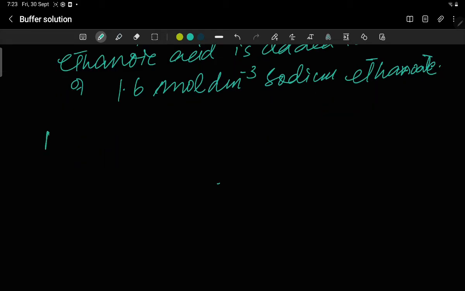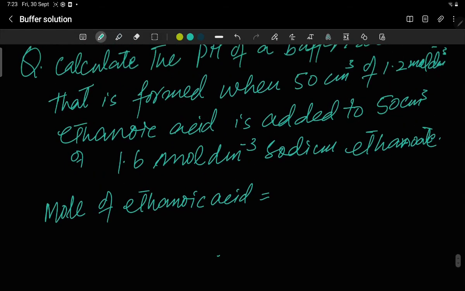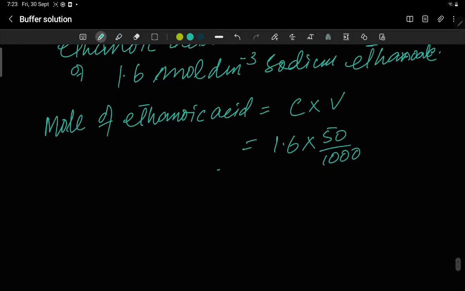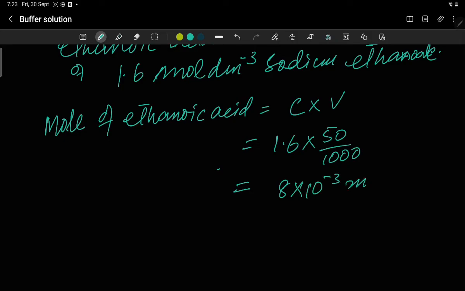So first calculate the mole of ethanoic acid, which is equal to concentration into volume, 1.6 into 50 divided by 1000, which is equal to 8 into 10 raised to minus 3 mole.